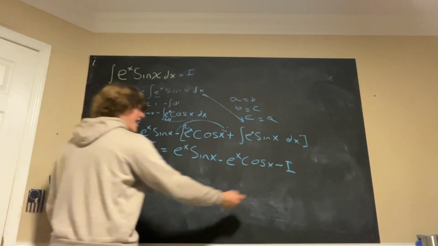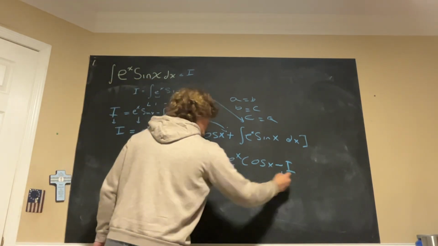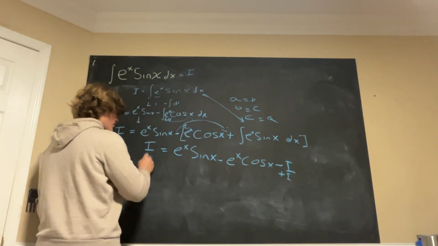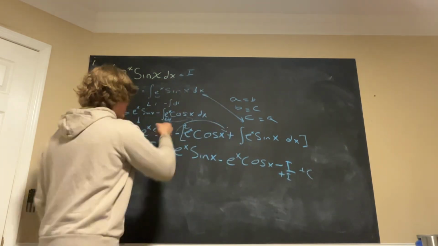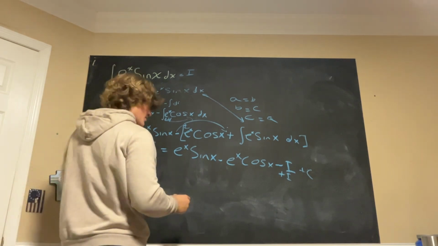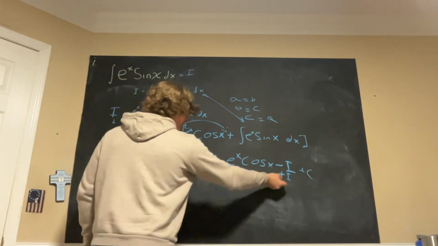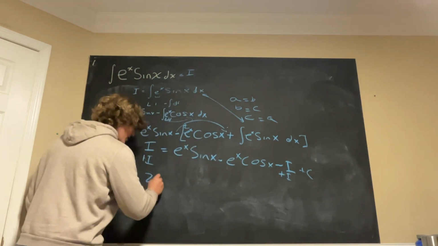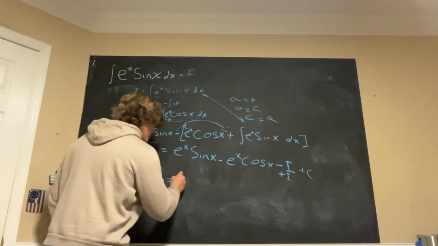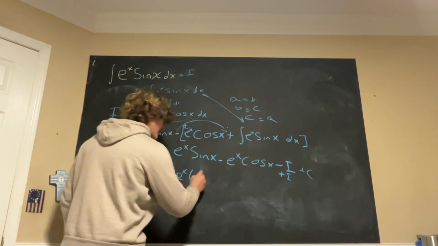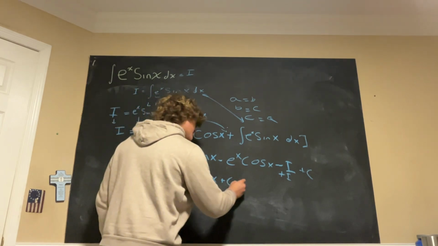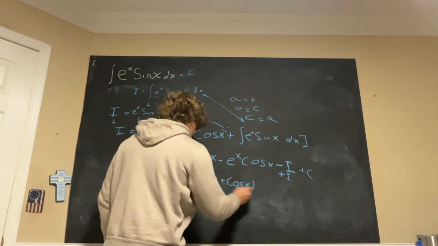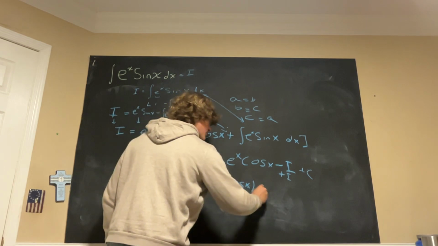So we can just add I to both sides. Also, there's a constant of integration here due to our integration by parts. So we have 2I is equal to e to the x times sine of x plus cosine of x plus c.